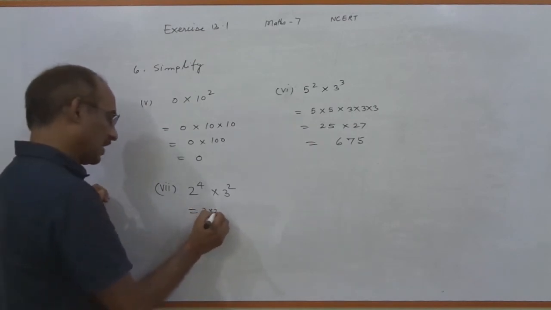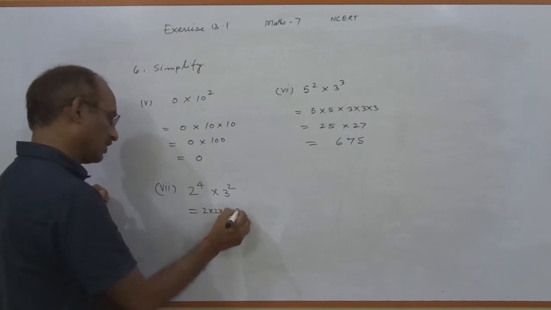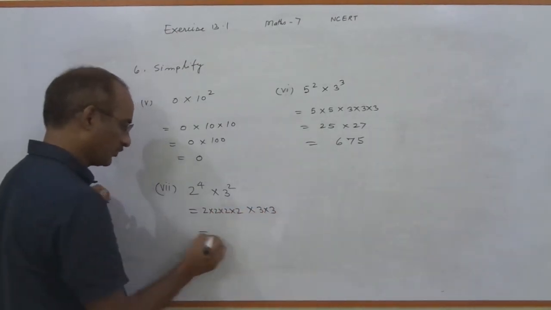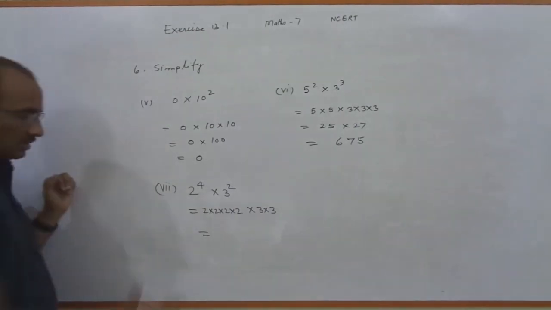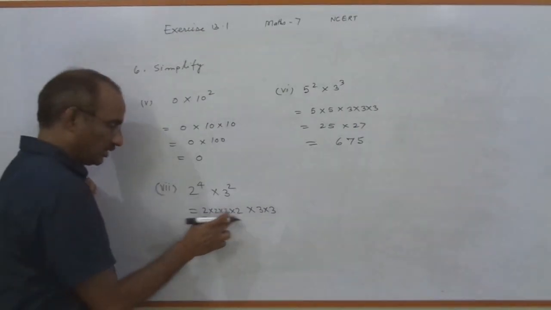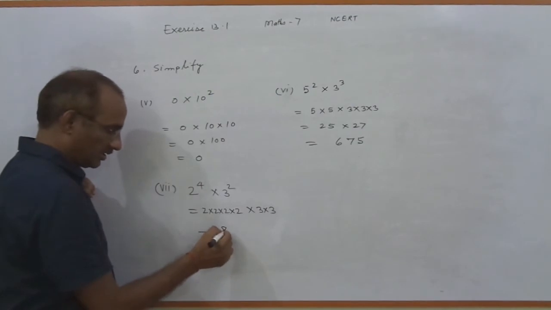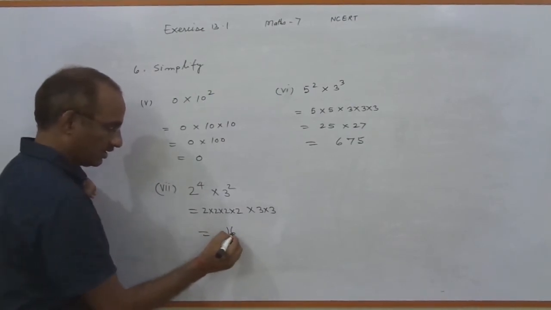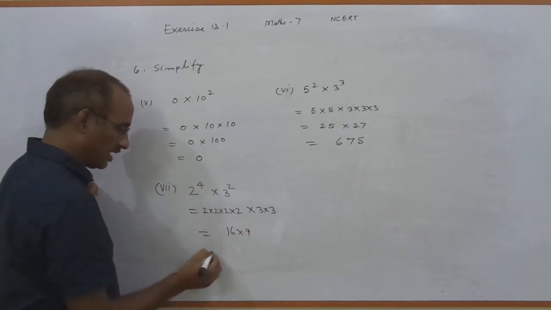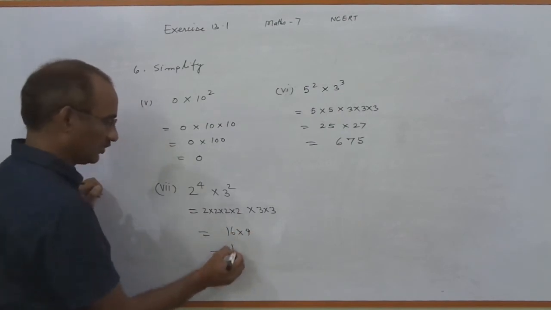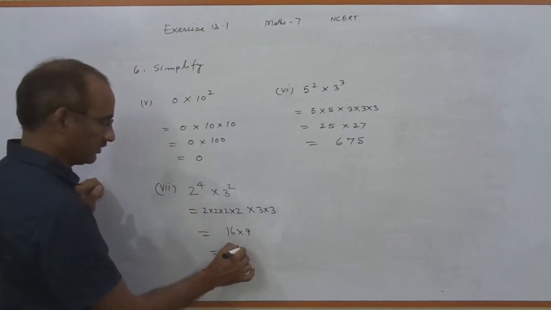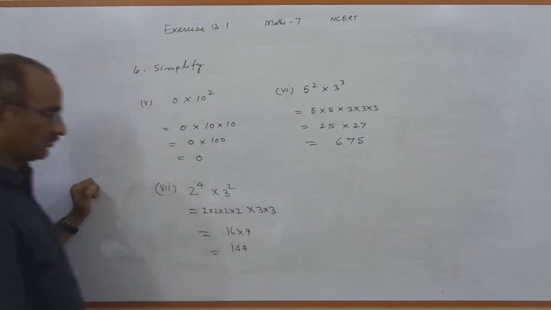So 2 is multiplied with 2 and multiplied with 2 and multiplied with 2, and 3 is multiplied with 3. 2 into 2 into 2 into 2 can be written as 2 2s are 4, 2 4s are 8, 2 8s are 16, and 16 multiplied with 9. So here we get 144.